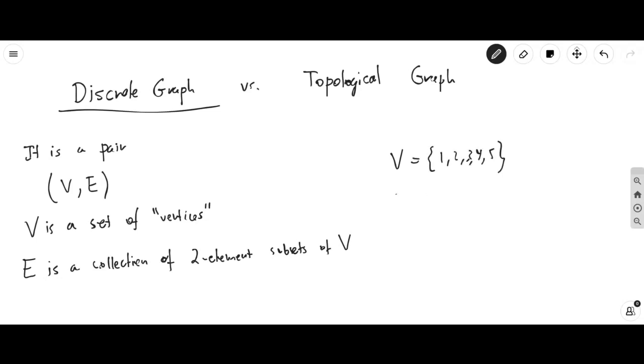That's the set of vertices, and the set of edges is a collection of 2-element subsets. So here's a 2-element subset. Here's another 2-element subset. Let's have one more, 1 comma 5.